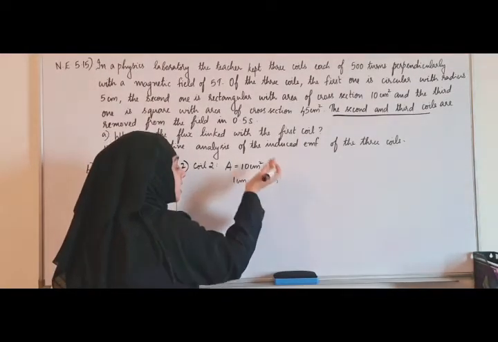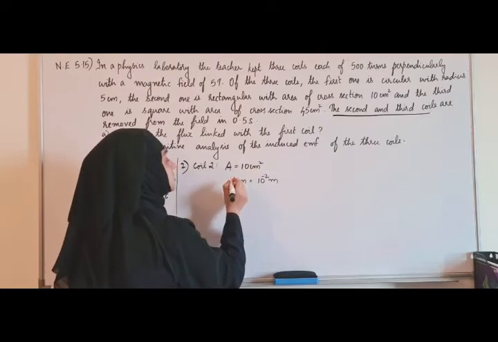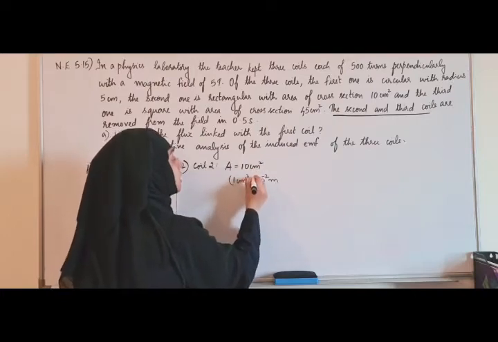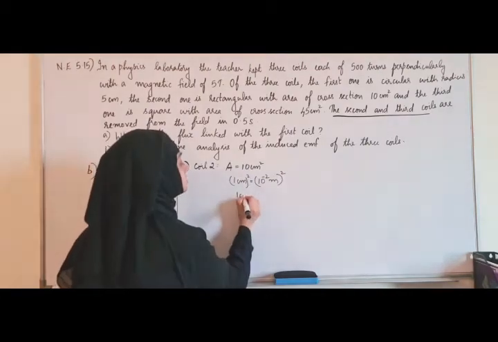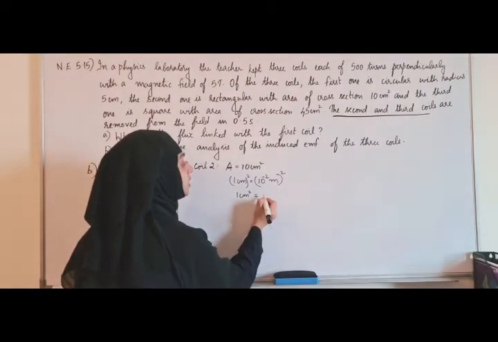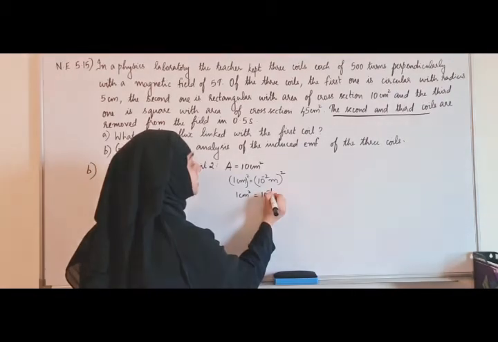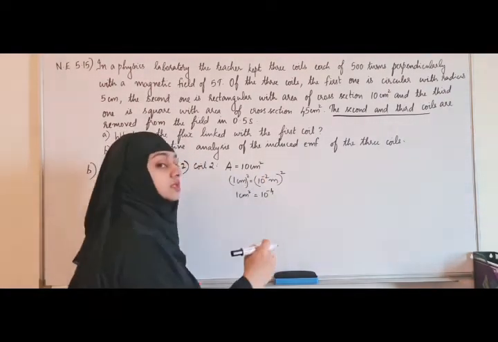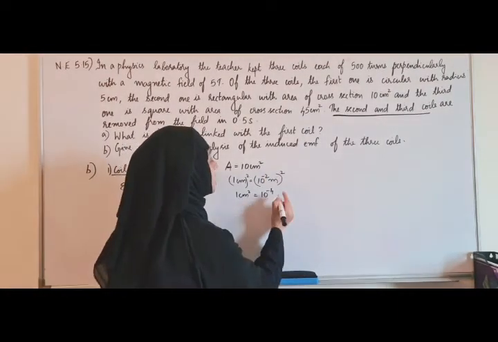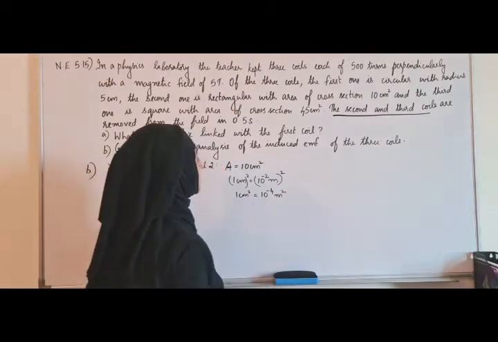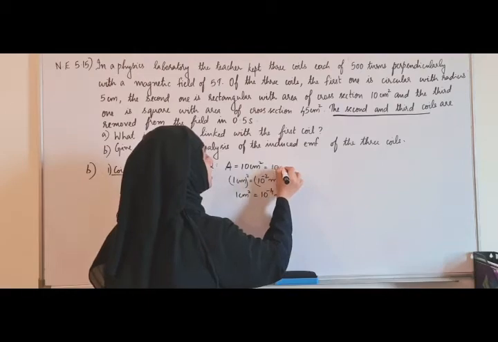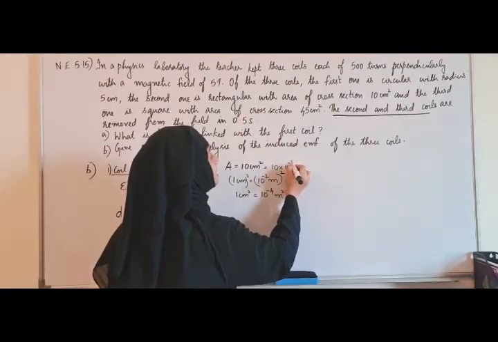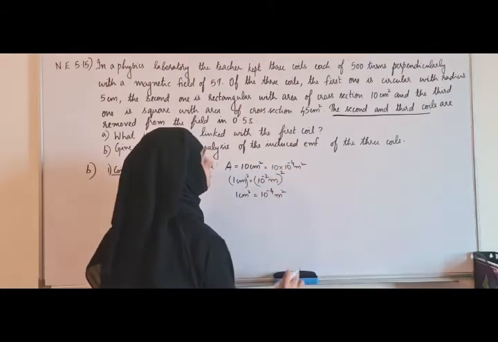Now, when you want to find the case of centimeter square, square on both sides. So, 1 centimeter square is equal to 10 raised to minus 4 meter square, because 10 raised to minus 2 squared is 10 raised to minus 4. So, I can write this as equal to 10 times 10 raised to minus 4 meter square.